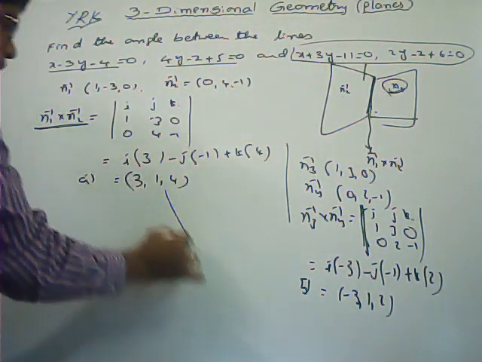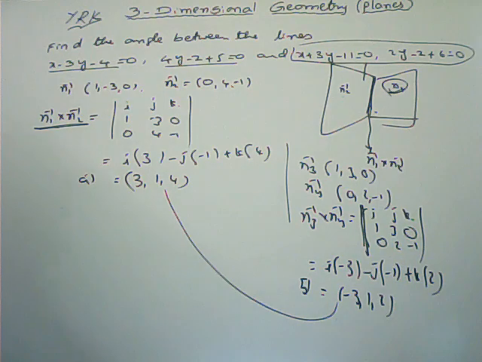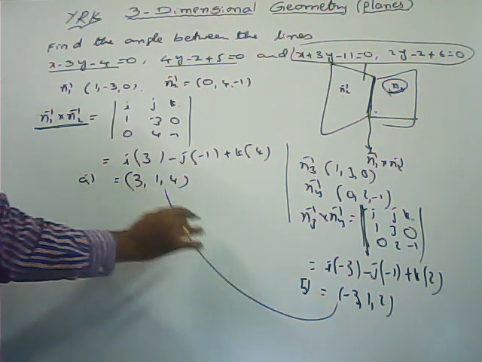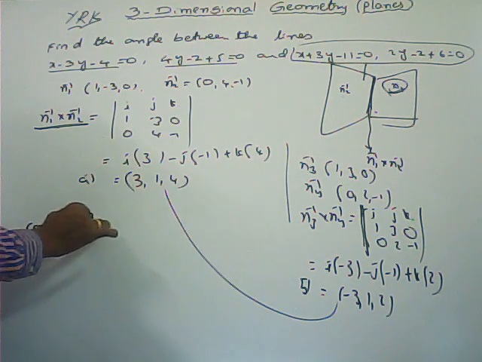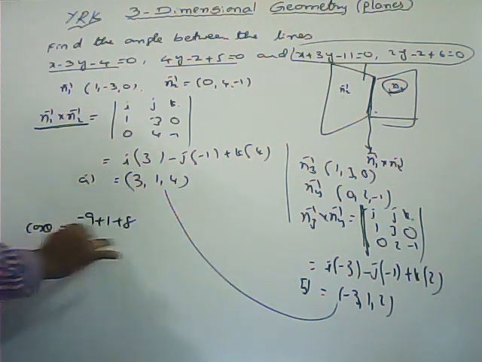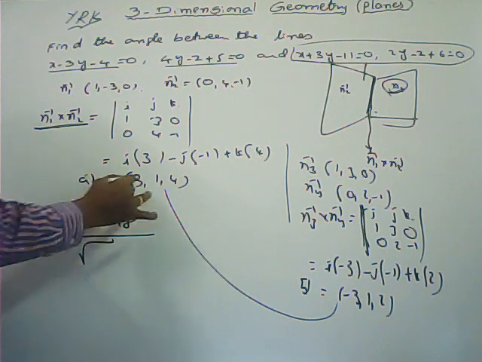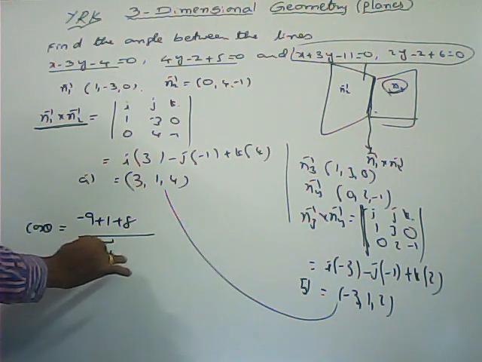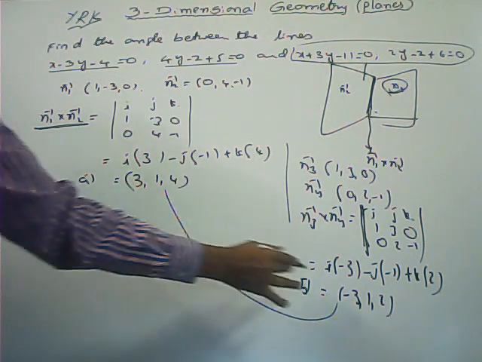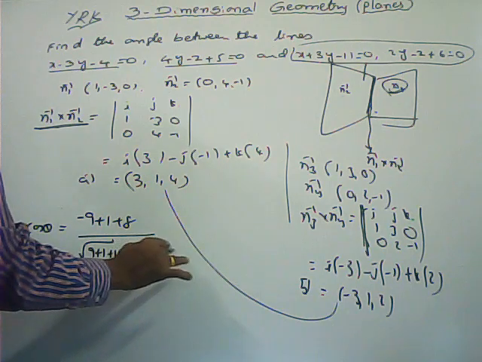Here they are asking for the angle between the two lines. The angle between two lines is nothing but the angle between their parallel vectors. So cos theta equals the dot product of these two, minus 9 plus 1 plus 8, upon root of 9 plus 1 plus 16 times root of 9 plus 1 plus 4.